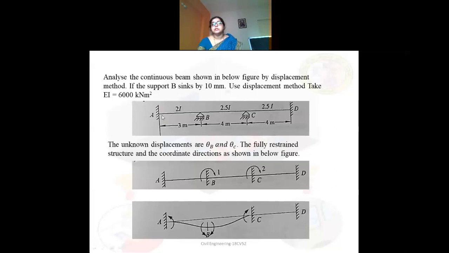As there is no external load acting, the fixed end moments are obviously 0. Nowhere in the problem is the rotation mentioned; that rotation we will use only in the stiffness equation.